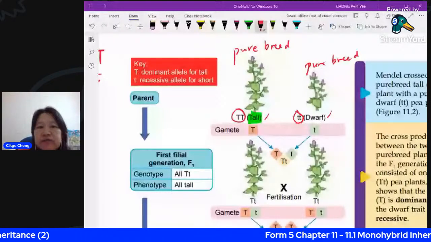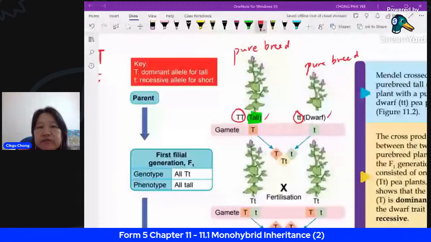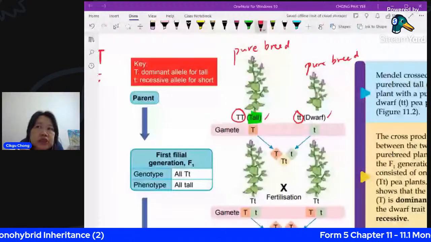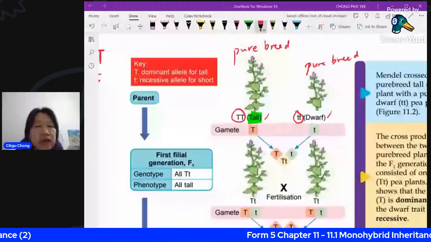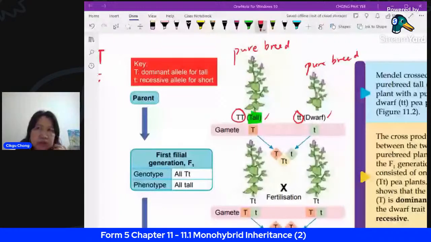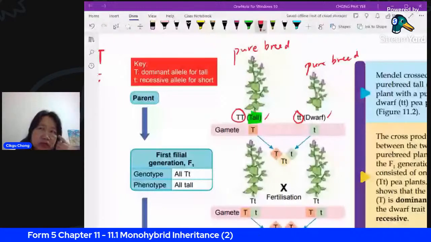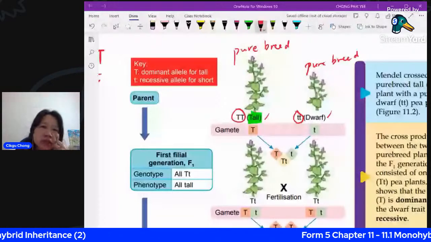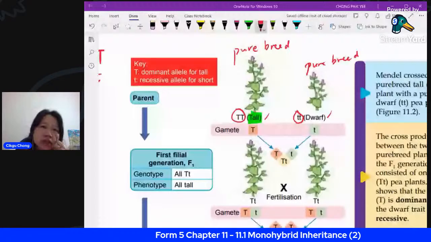We are only concerned with the ratio of tall or short in the next generation. We don't care whether the flower is purple or white, whether the pea pod color is green or yellow, or whether the shape of the pod is round or smooth or wrinkled. We just want to see one thing only at one time.